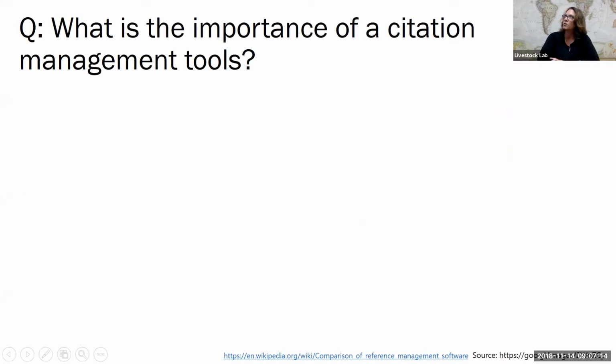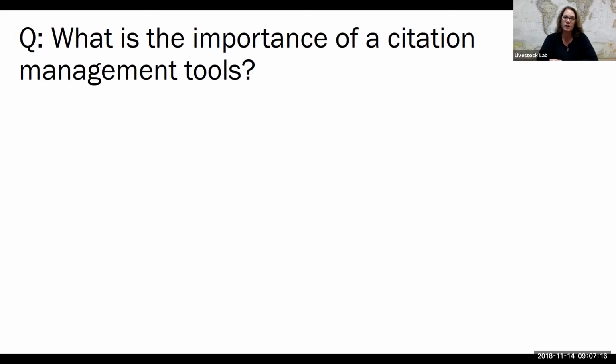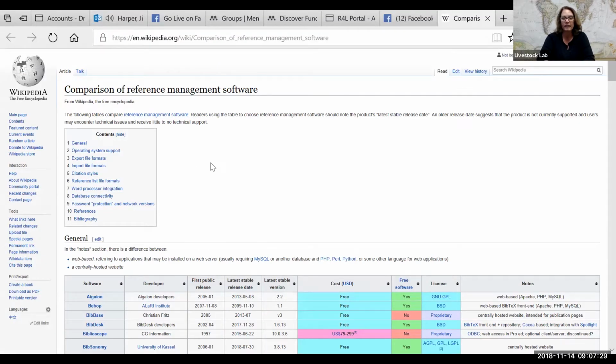So when you are choosing a citation manager, it's very important to identify who in your research group is using a citation manager, because you cannot share citations in different citation managers. For example, if you, Jim, were using Mendeley and I was using another product, say Zotero, they're not compatible in that sense.